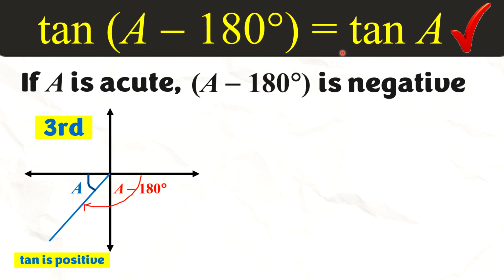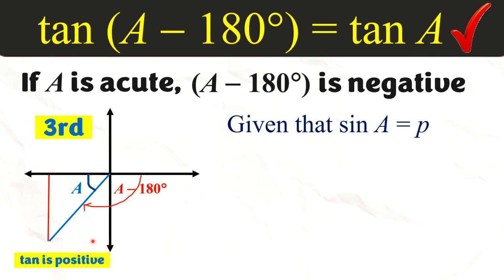Now, since you are convinced, let us see how we can apply this knowledge in solving a very common question in the examination. Assuming I gave you sine A is equal to p, I want to find the value of tangent of A minus 180 degrees. Now, how can we do that? Given questions like this, I am going to draw a right angle triangle.